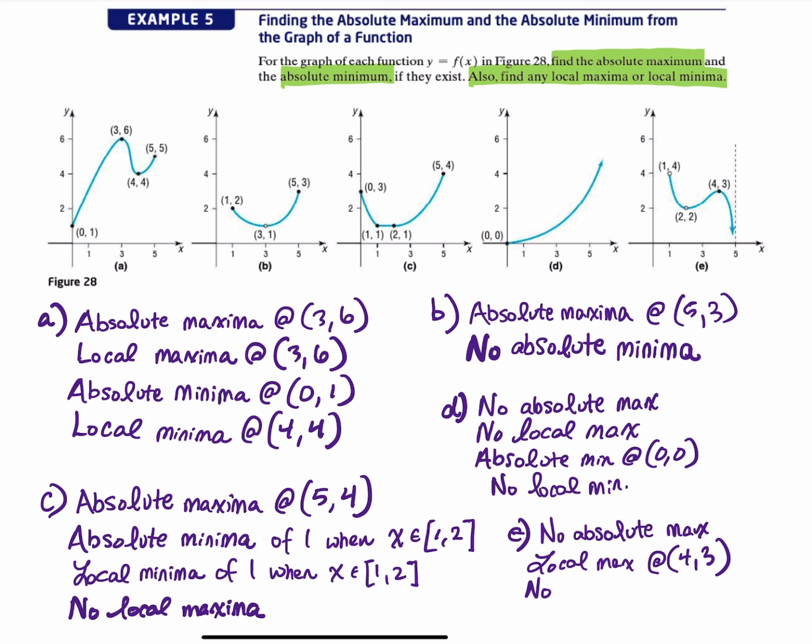And in the same way, there's no absolute minimum, because notice here, this continues on infinitely towards this asymptote, so it's going to keep getting infinitely lower as we approach the edge there. So no absolute minimum, there's always going to be a lower value, and no local minimum because this is an open interval here.